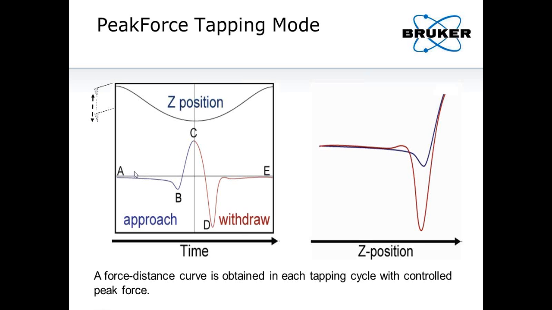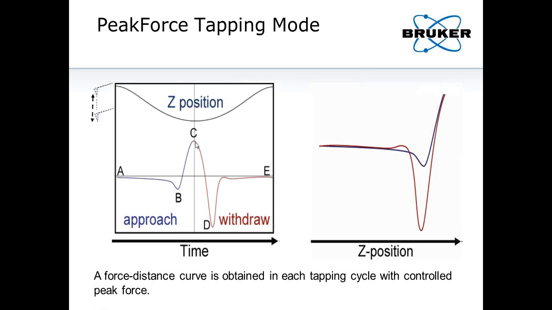And when the tip approaches the surface and it's close enough, it feels attractive force. And when you go further close to the surface, the tip will snap into the surface. And if you go further, then you can see it experiences repulsive forces, getting bigger and bigger.